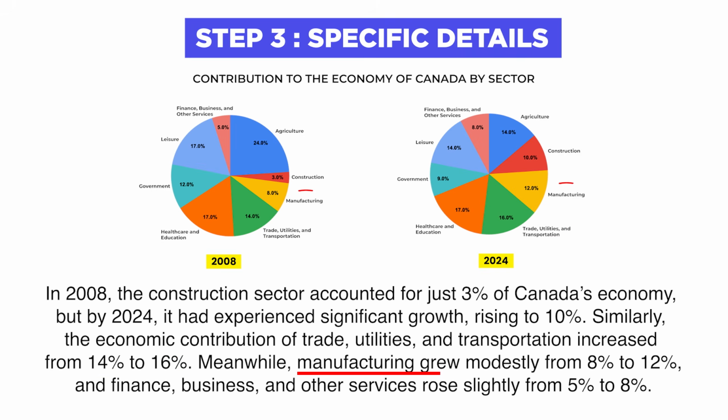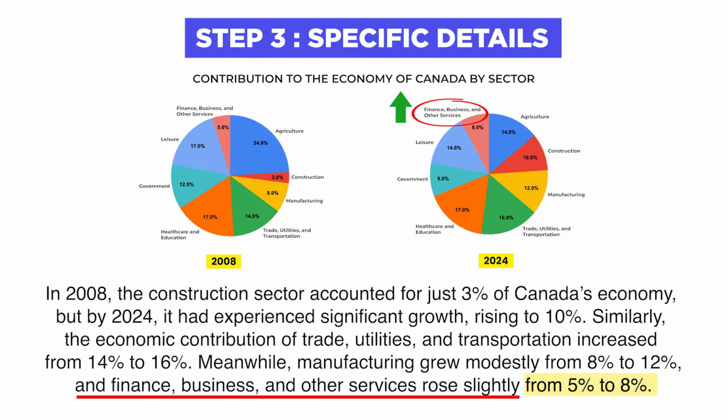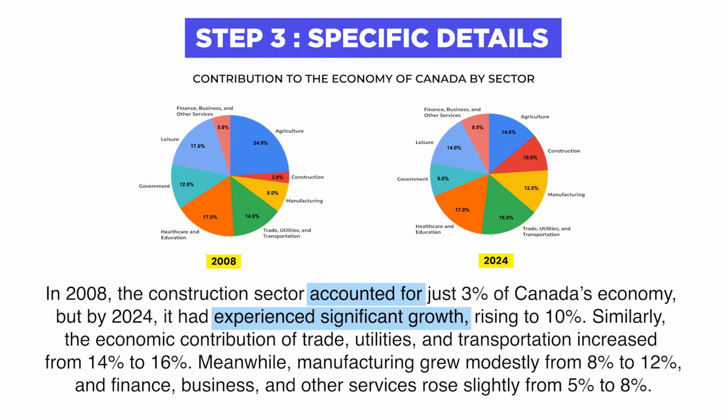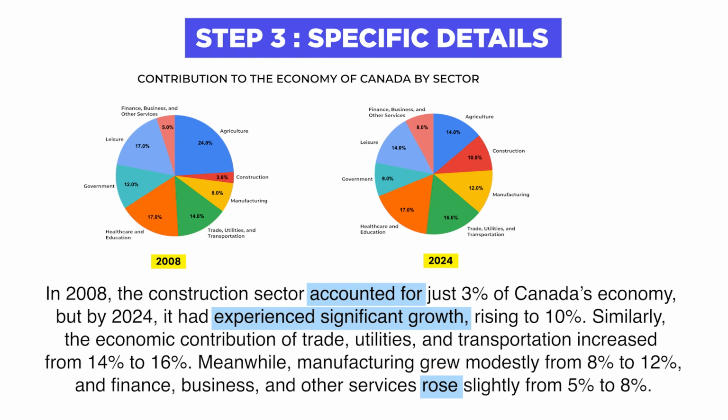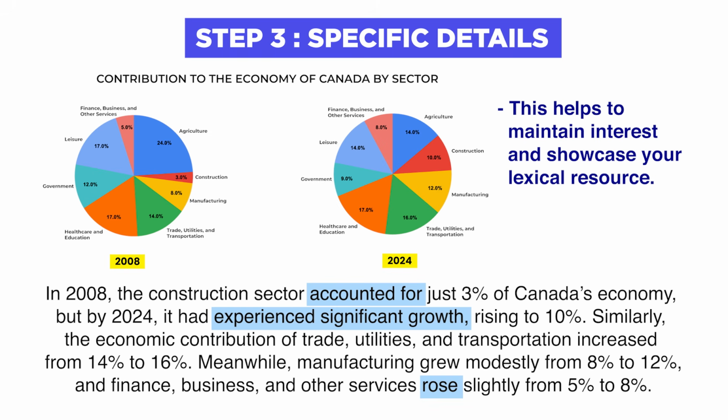Meanwhile, manufacturing grew modestly from 8% to 12%, and finance, business, and other services saw a slight rise from 5% to 8%. Notice how I used varied vocabulary, like accounted for, experienced significant growth, and rose. This helps to maintain interest and showcase your lexical resource.